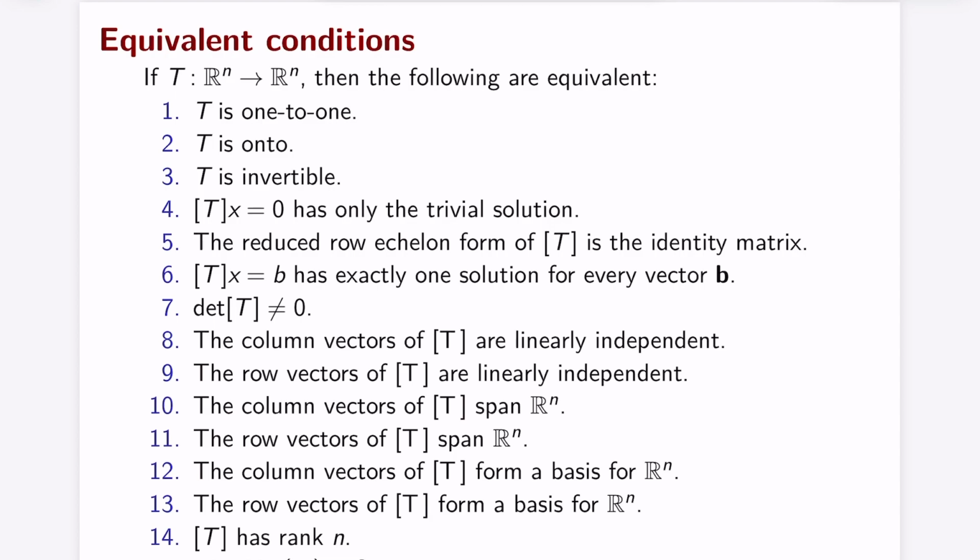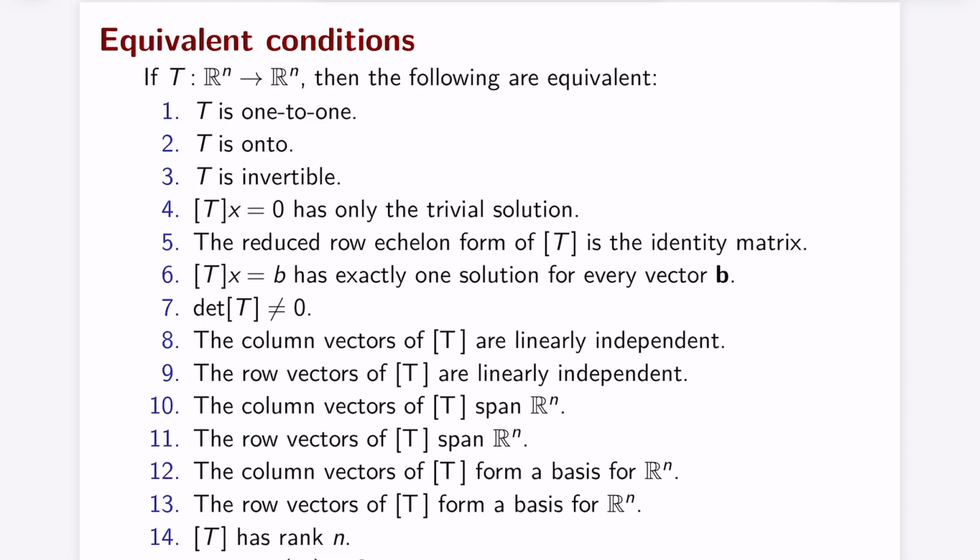It's completely equivalent to the matrix being invertible, and it's the same thing as, if we consider this as a system of equations, putting here the matrix associated to the system and here the vector, this system has only the trivial solution, compatible with only one solution. It's also equivalent to saying that the reduced echelon form of this is the identity matrix.